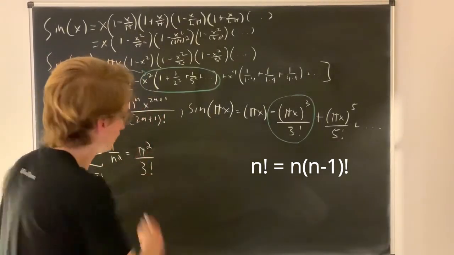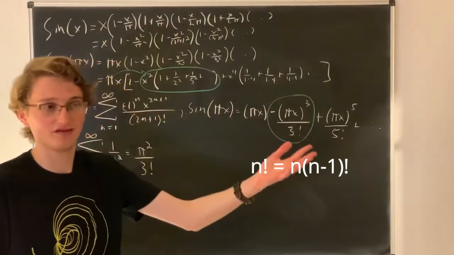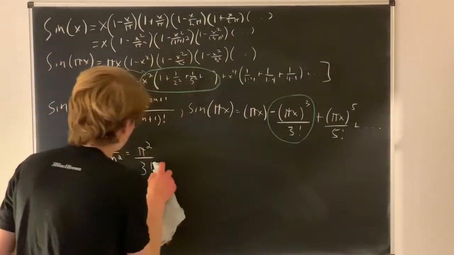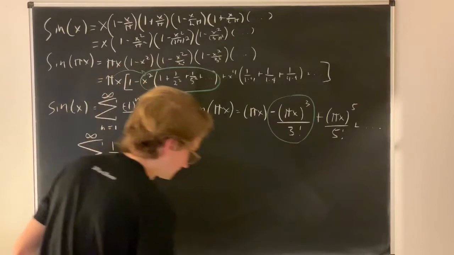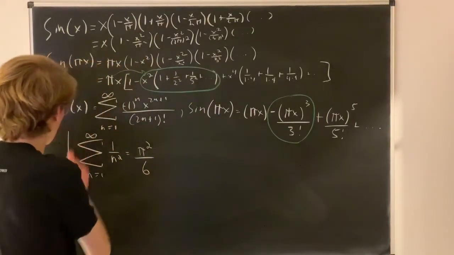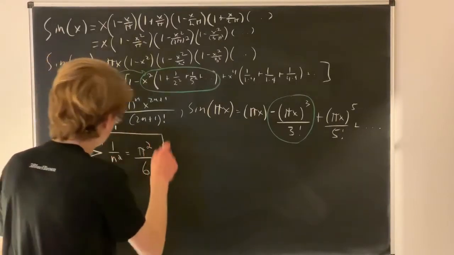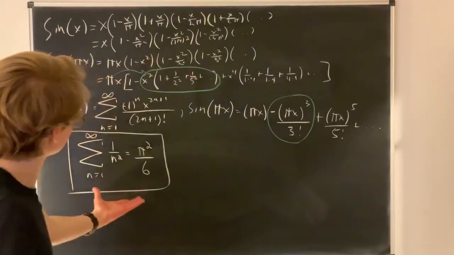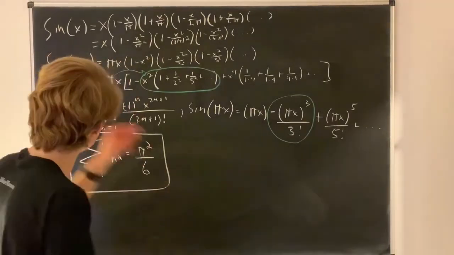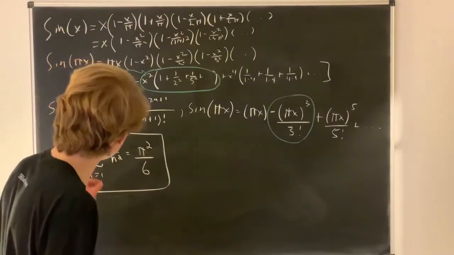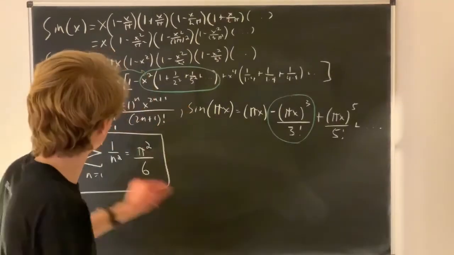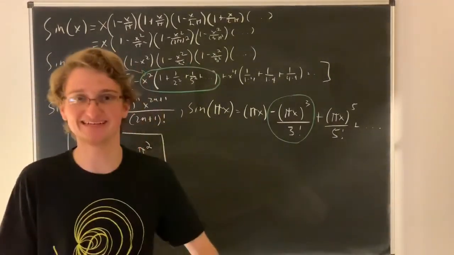So 3 factorial is just 3 times 2 times 1, which is 6. And voila. There we have it. The infinite sum of the reciprocal of the squares, when n equals 1 to infinity, is nothing more than pi squared over 6.